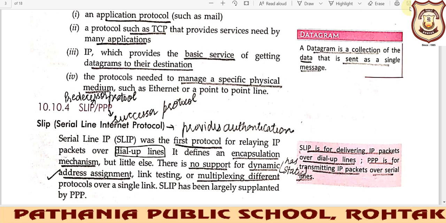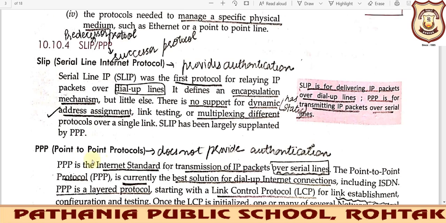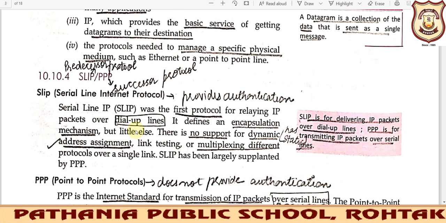If we compare the SLIP protocol with the PPP protocol, firstly SLIP came first, so it is the predecessor protocol, and later the advanced version is the PPP protocol. PPP stands for Point to Point Protocol. They both work on almost the same technology, but PPP is the advanced version of SLIP. SLIP is for delivering IP packets over dial-up lines, when we were using dial-up lines for the transmission of signals through the physical medium.